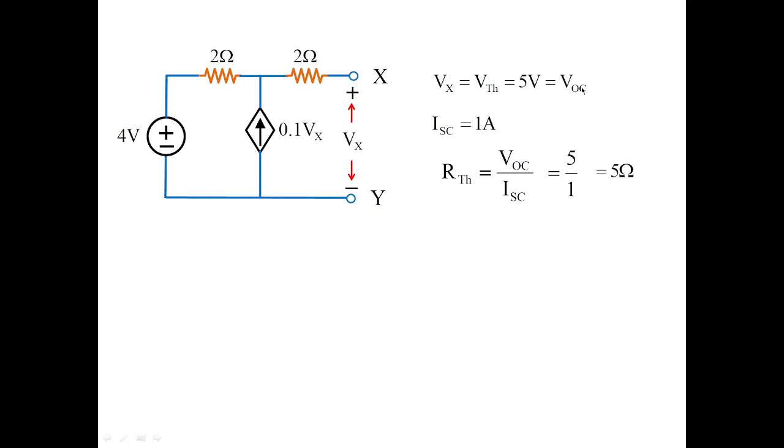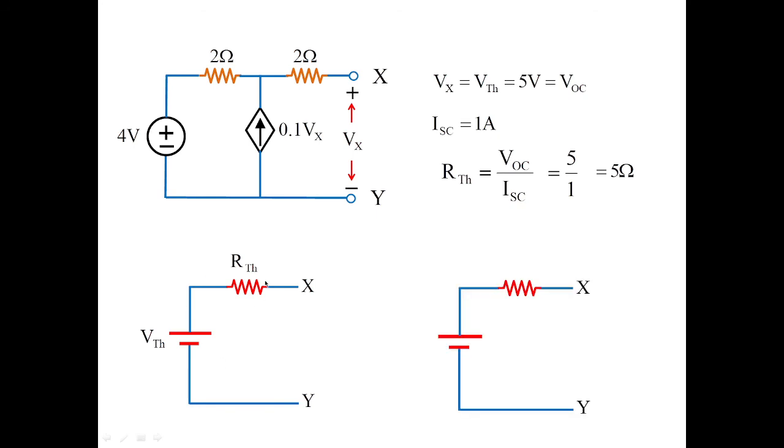Therefore, we have obtained VOC and R Thevenin. Then I'm going to substitute these values in the Thevenin's equivalent network, like this: 5 volts in series with 5 ohms. Therefore, this is the Thevenin's equivalent network for the given network.